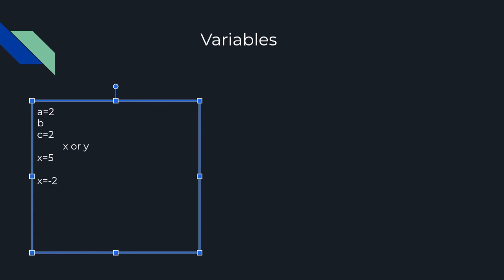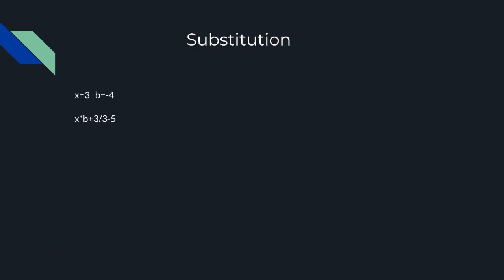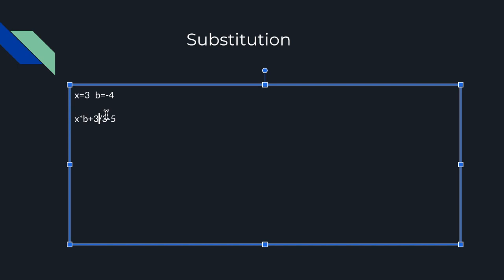Of course, generally. Now, in substitution, you can substitute any variable. So here I put X equals 3 and B equals -4. So now when I have X times B, I just put 3 times -4 plus 3 divided by 3 minus 5.